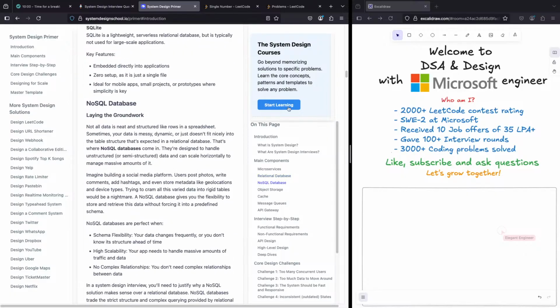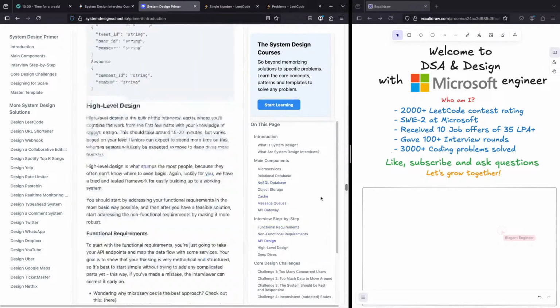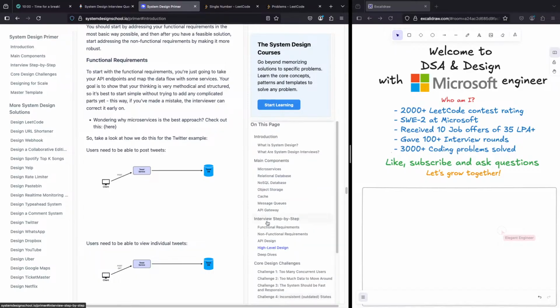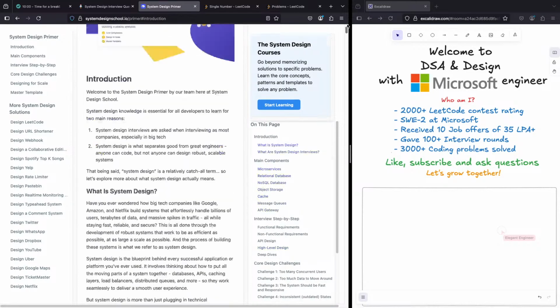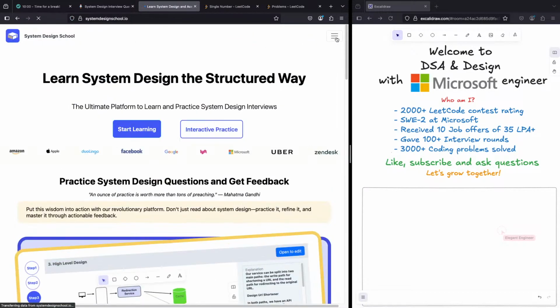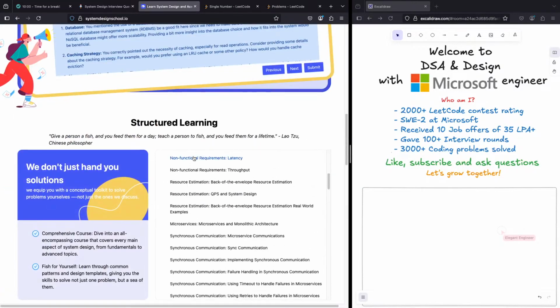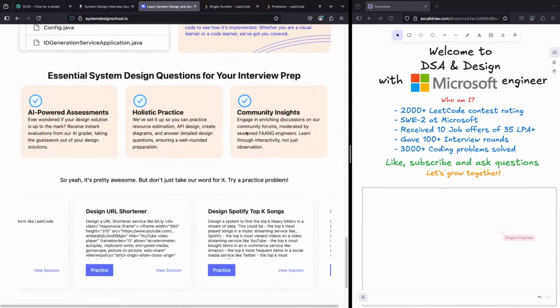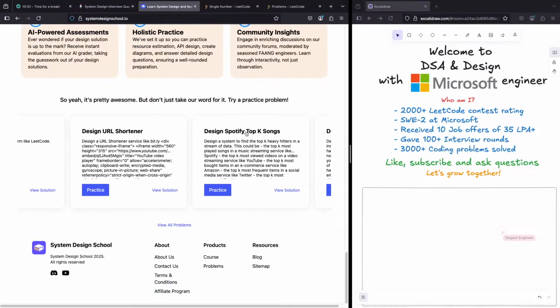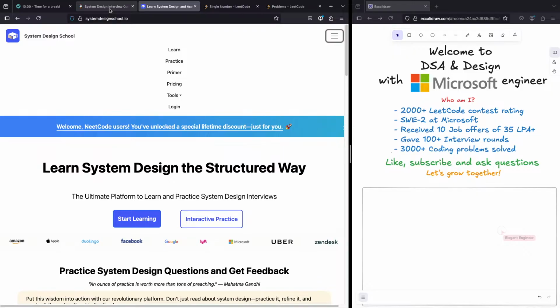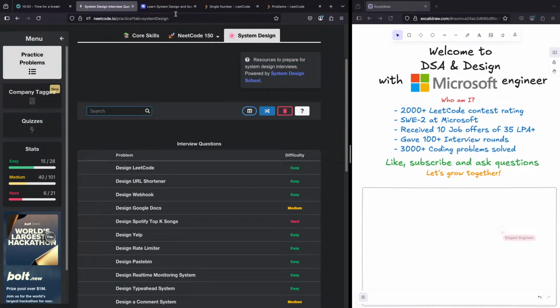This seems to be a very nice article. This is by who? Oh, no. Cool, let's solve some problems and then we'll jump to this one later.